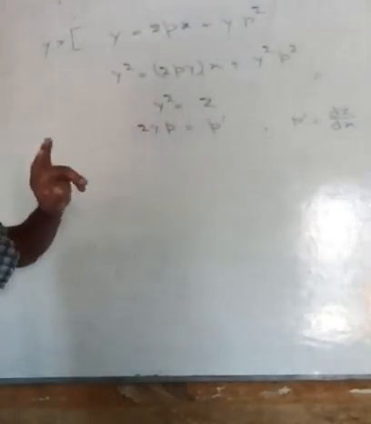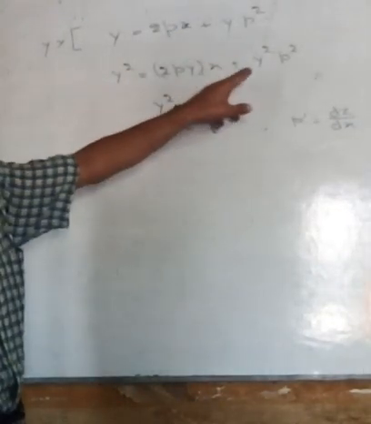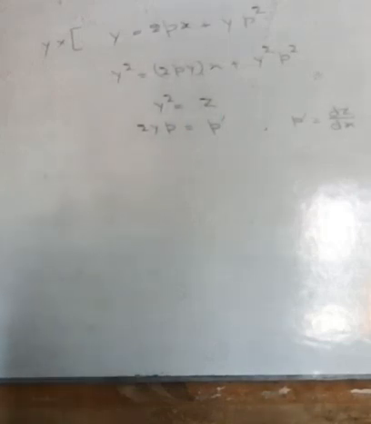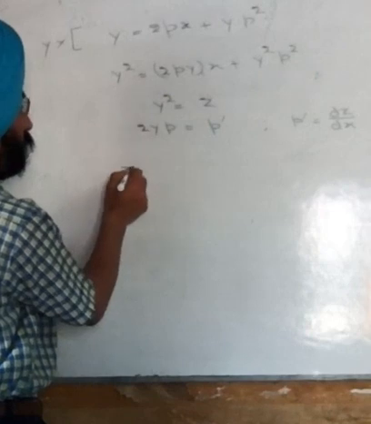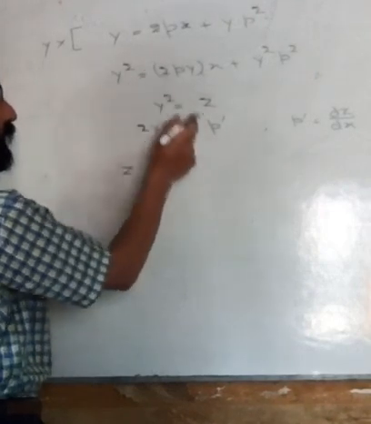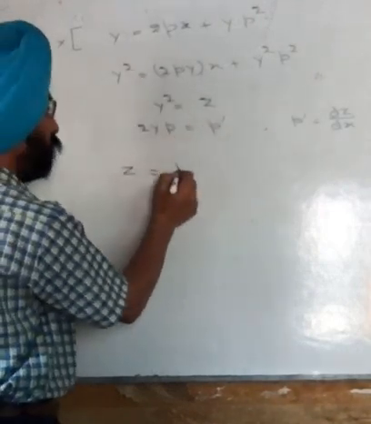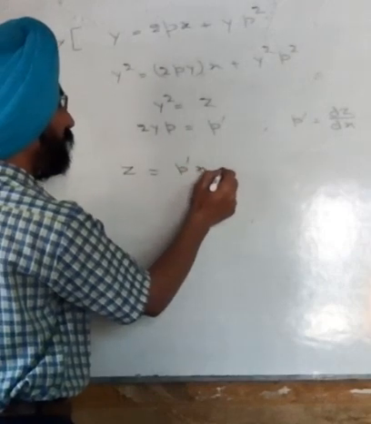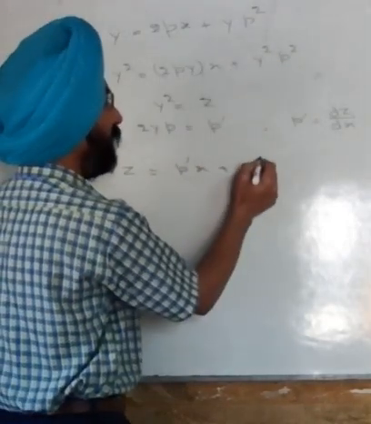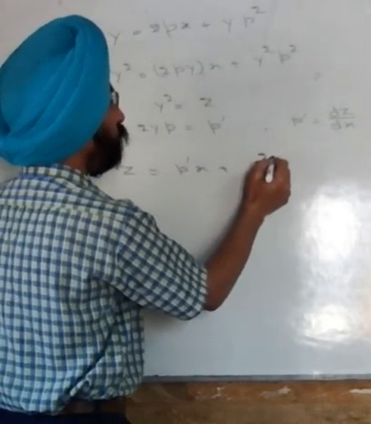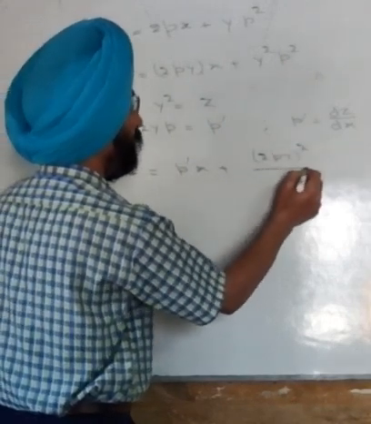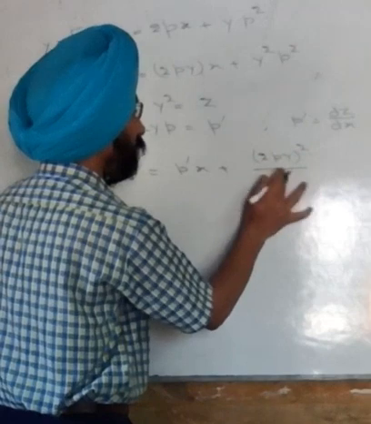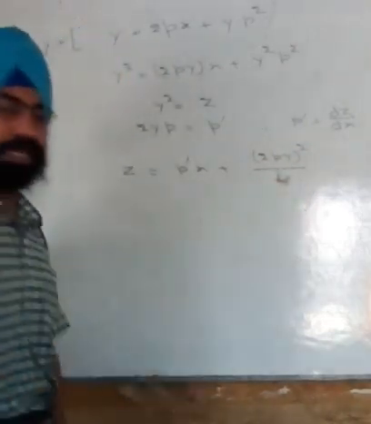2py is equal to p dash. Now what form is this equation going to take? This is y square, so y square is z. This 2py is p dash, so it is p dash x plus, here you can write, 2py whole square divided by 4. You can write like this.